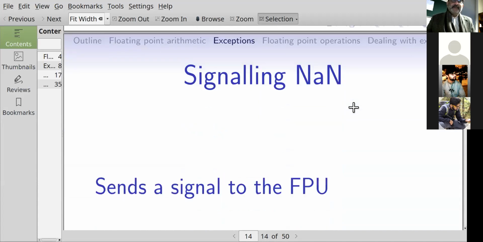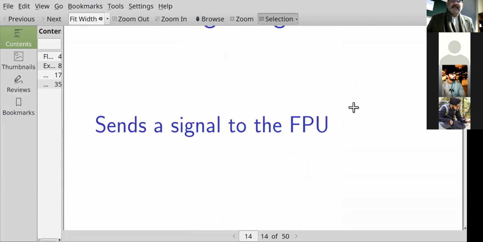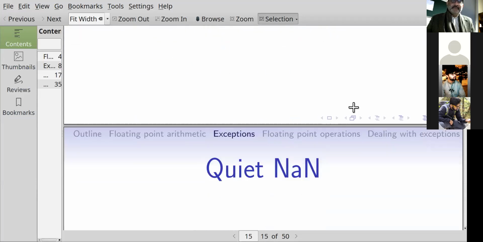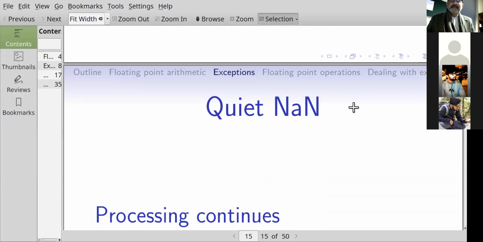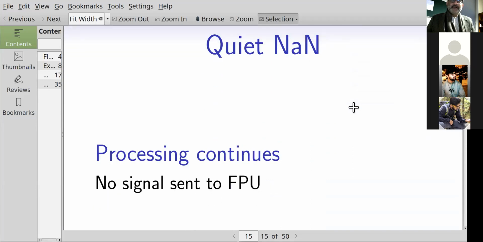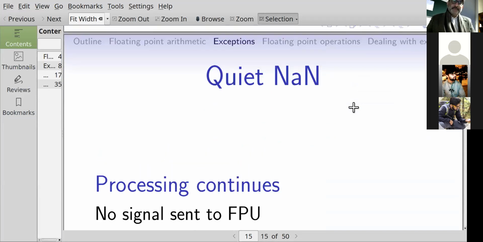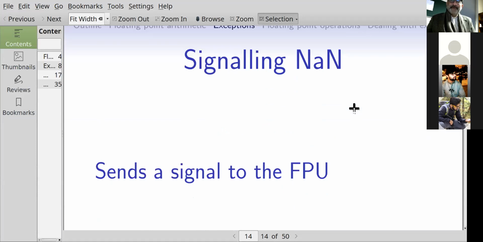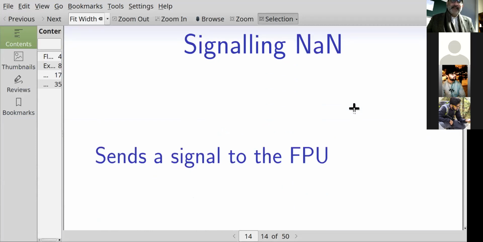Signaling NaN. Well, okay, so the NaN gets sent to the floating point processor. Now, you can make a distinction. You get a quiet NaN or a signaling NaN, and a signaling NaN sends a signal to the floating point unit, and presumably it shuts down the floating point operations.